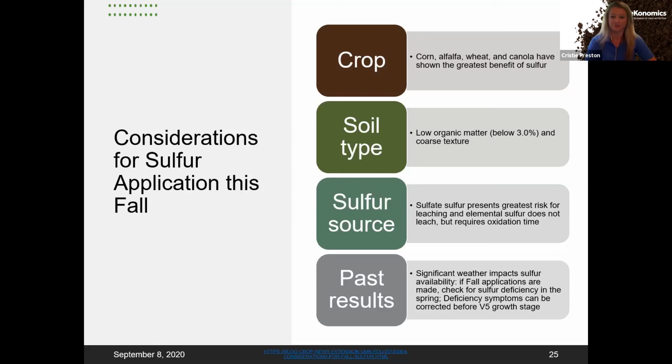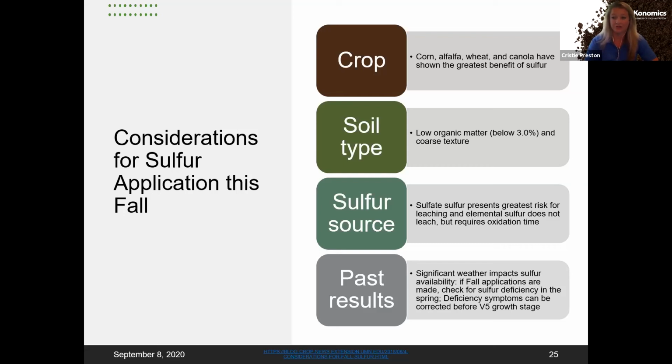Again, soil type. If I've got low organic matter, below 3%, or I've got coarse textured soils, that may not necessarily be the greatest condition for applying fertilizer in the fall. But I can apply it in the spring right before, or I can try a different fertilizer source if I fall into the categories of low organic matter and coarse texture.